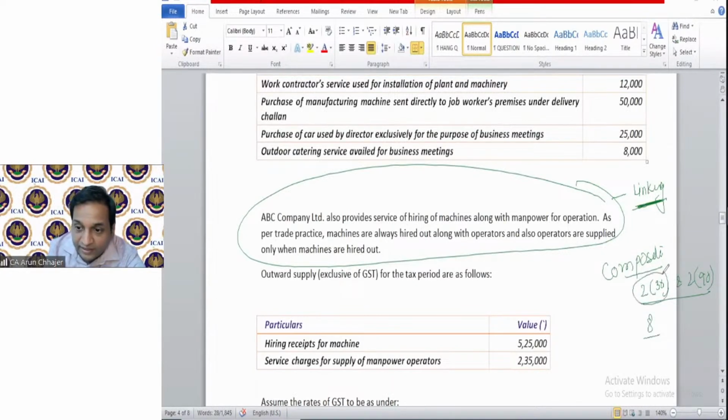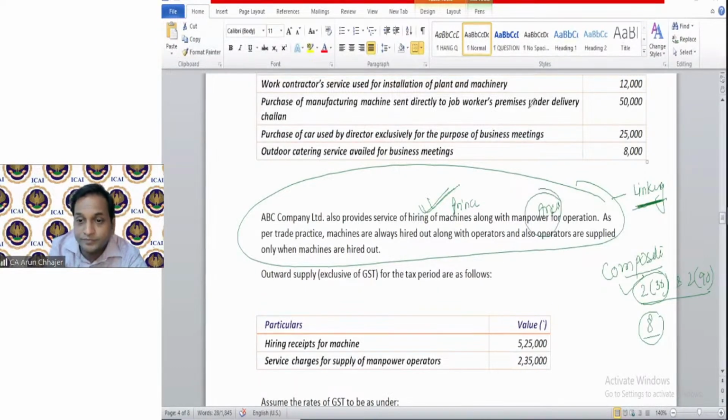You can say the principal supply is hiring of machine, and the operator becomes ancillary supply, and both forming part would be the composite supply. Therefore, as per section 2 clause 30, it becomes the composite, and section 8 says the rate which is applicable on the principal supply would be the same rate applied on the ancillary.